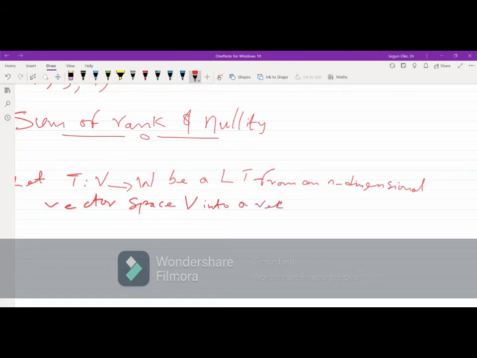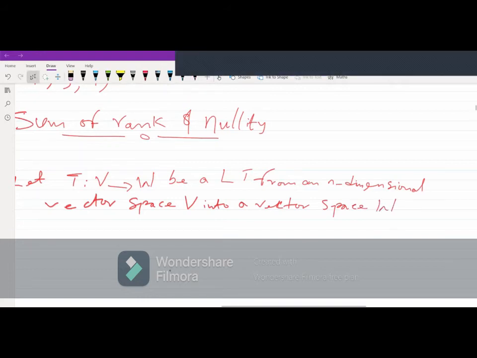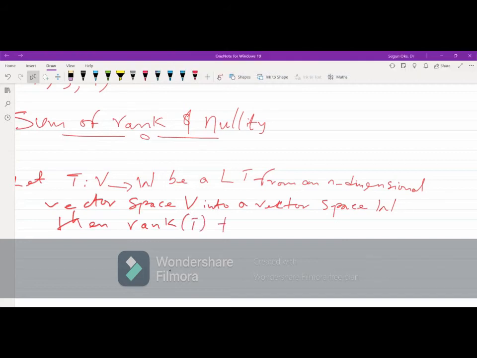Then our rank of T plus nullity of T is equal to n. Don't forget this definition. They are very important.